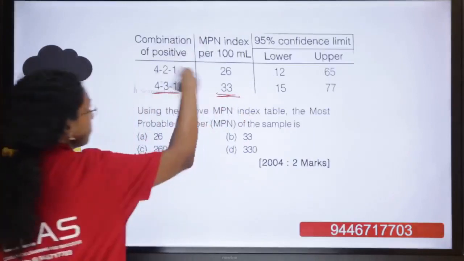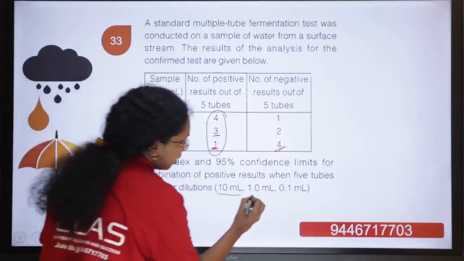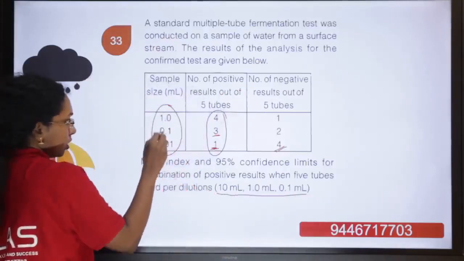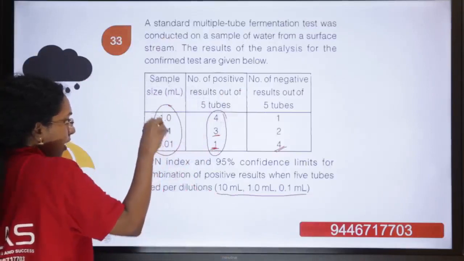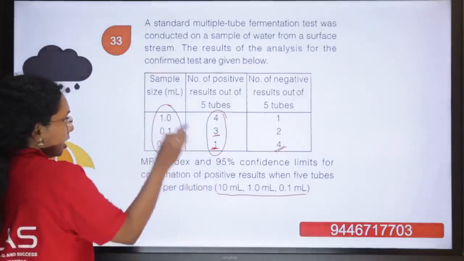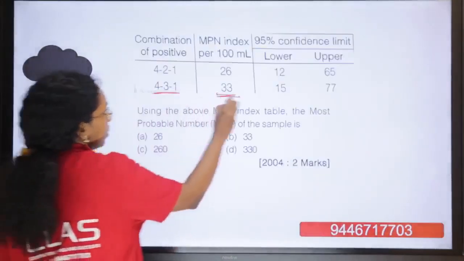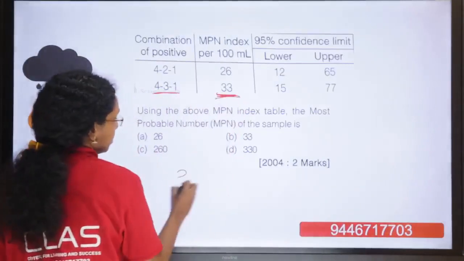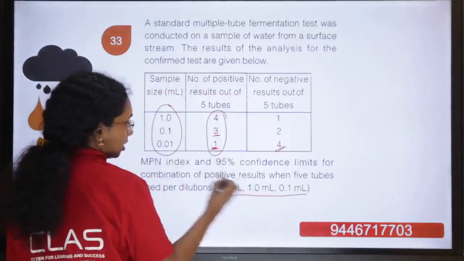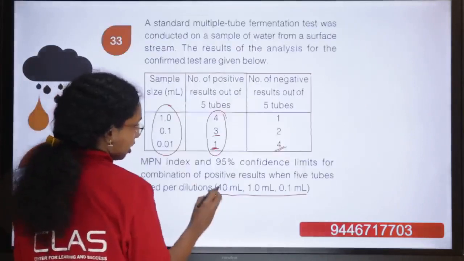But this particular MPN index table is given for the dilutions 10, 1 and 0.1. It's not 1, 0.1 and 0.01. So whatever value we obtain here, we have to multiply by 10. Corresponding to the 431 combination we got 33, and the MPN index table is drawn for 10 ml.